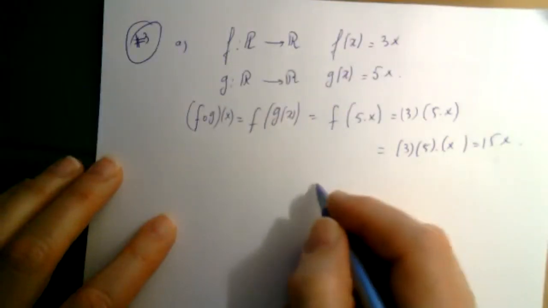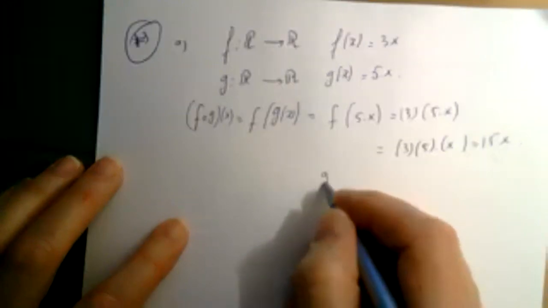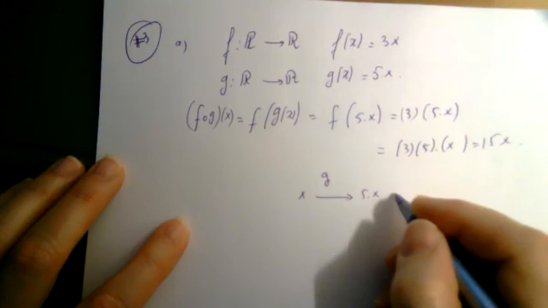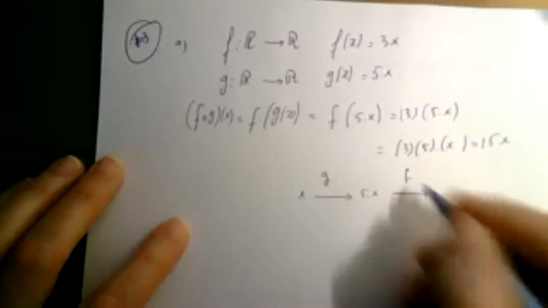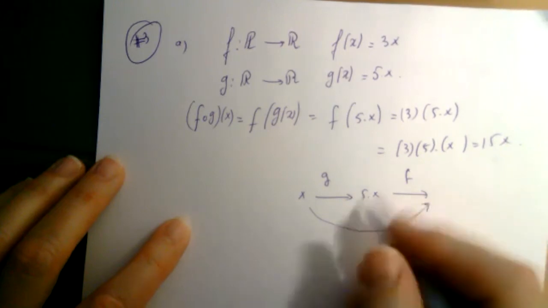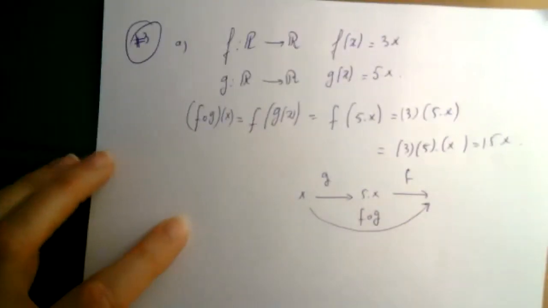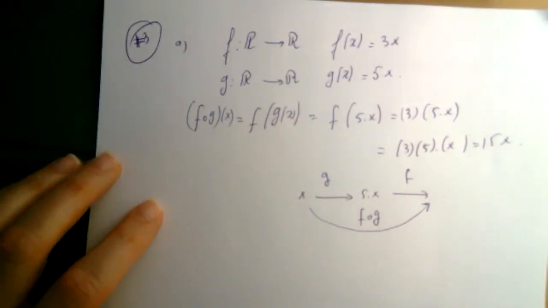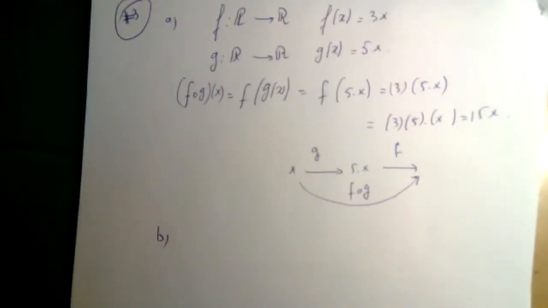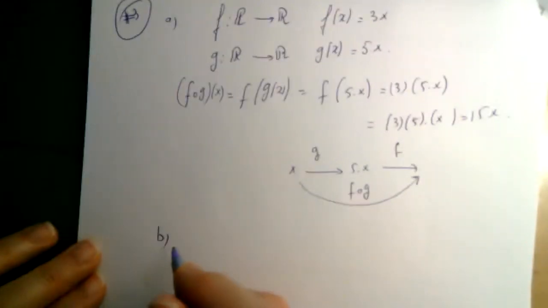So we have two functions. We have g, which takes x to 5x, and then we have f. What I'm asking you is, if I go from here to here, what does the composition really do? Now, the idea here is to practice this with transformations.